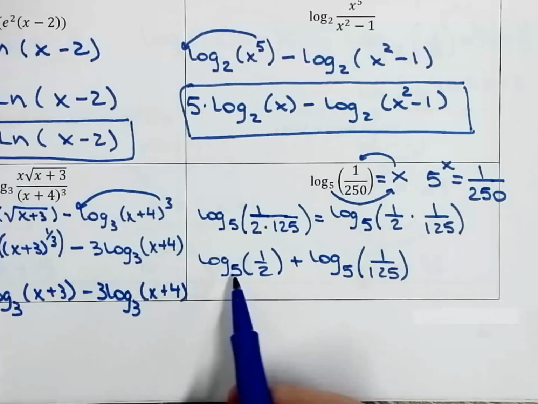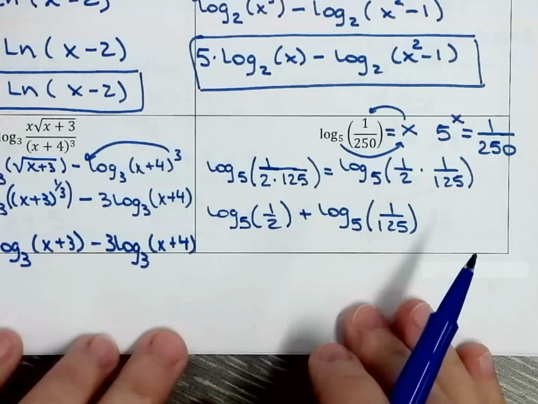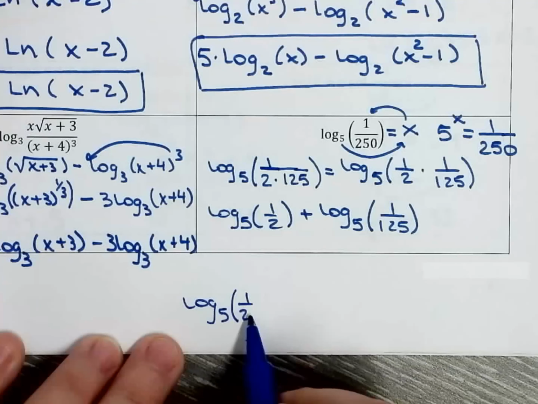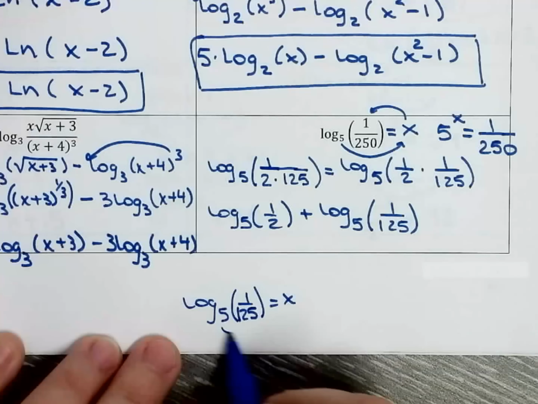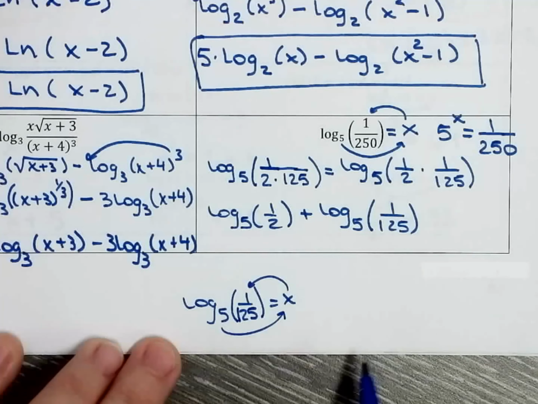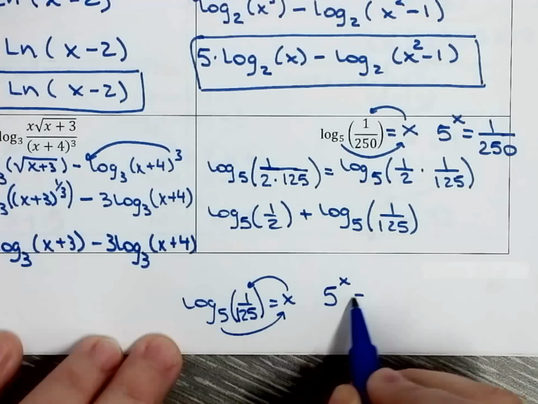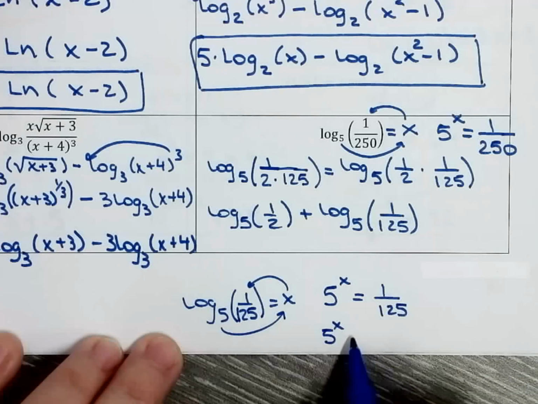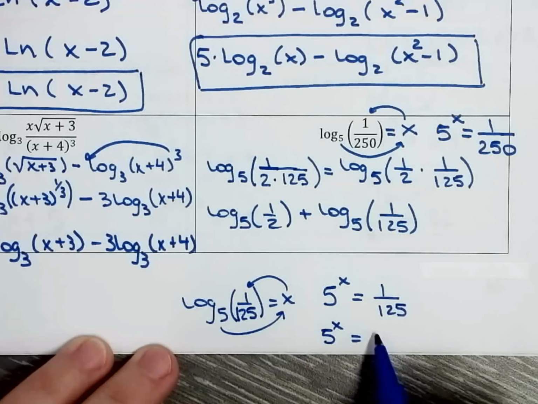Okay, so this, I can't do anything to simplify that, but I'm going to do this math right here off to the side. So I have log base 5 of 1 over 125 equals what? Well, I can do 5 to the power of x equals 1 over 125. Well, I can rewrite this 1 over 125 as 5 to the power of -3.